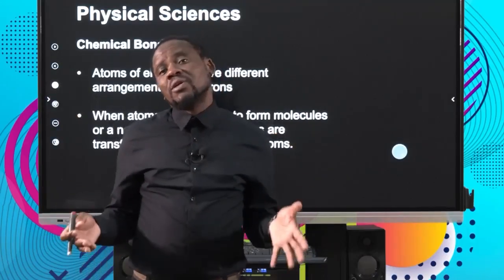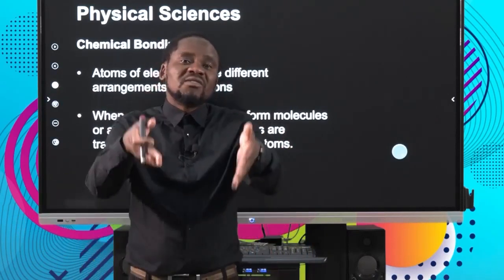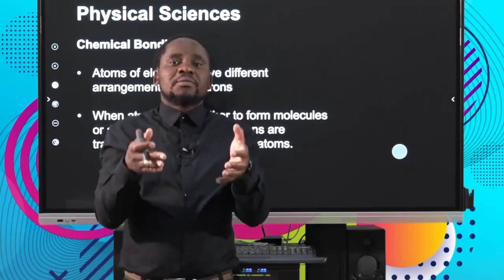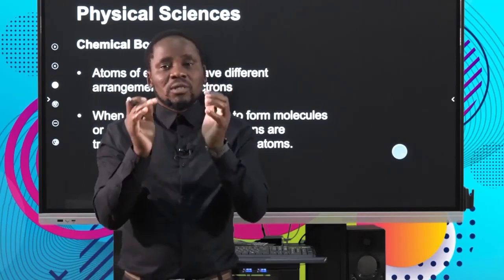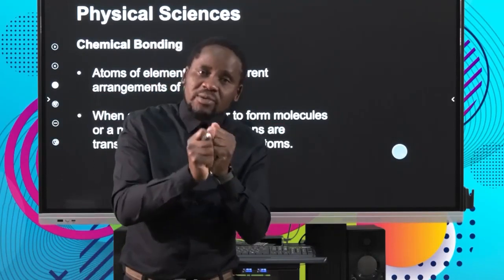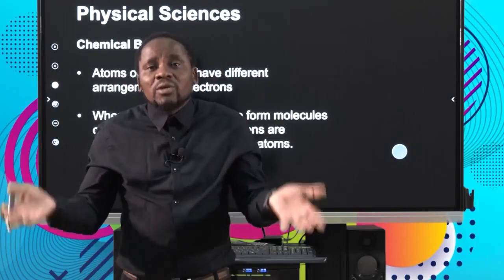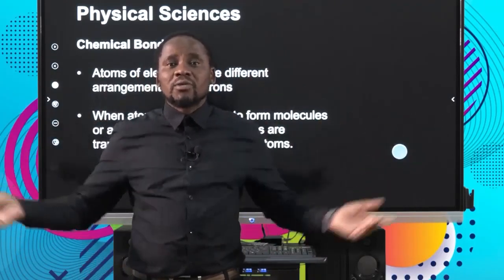When we talk about electron configuration, we're simply saying that it is specific to a type of element, because an element is a substance that is made up of a particular type of atom, okay? So the same atoms make up an element, but once these atoms combine with each other during chemical bonding, we can form other molecules of elements, molecules of compounds, or formula units. It takes us way back to chemical bonding.